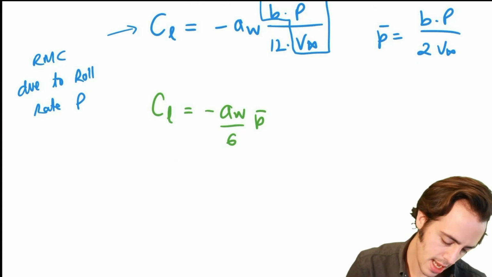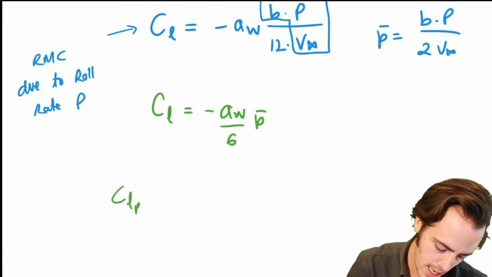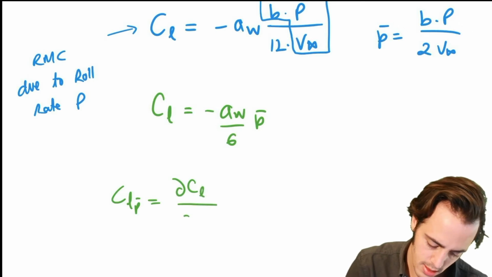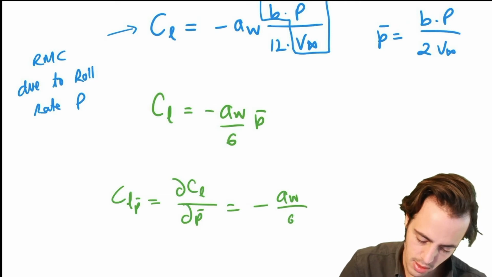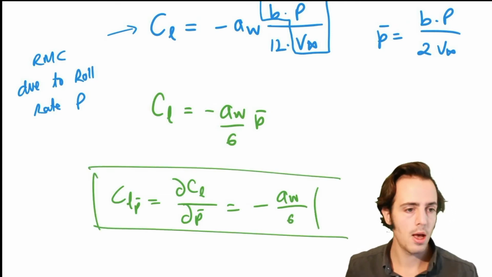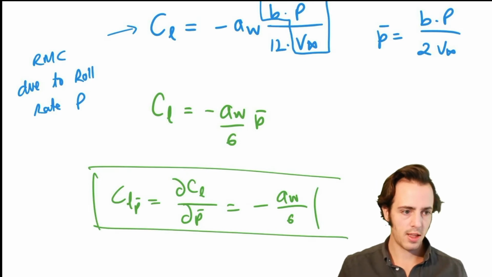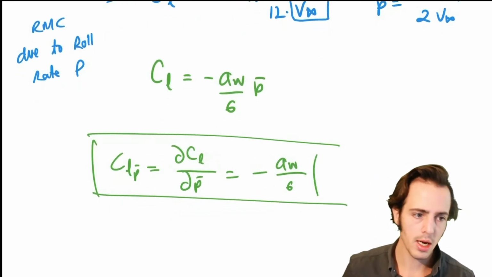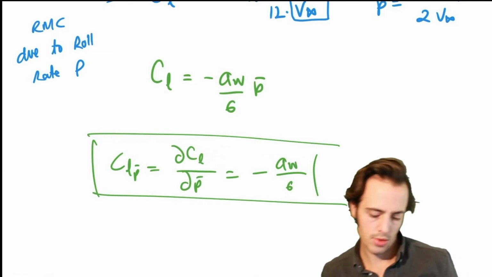And then we can see that CLP is equal to the first derivative of CL with respect to p bar, which is simply AW on 6. Okay, so we've now got an expression for our rolling moment damping.